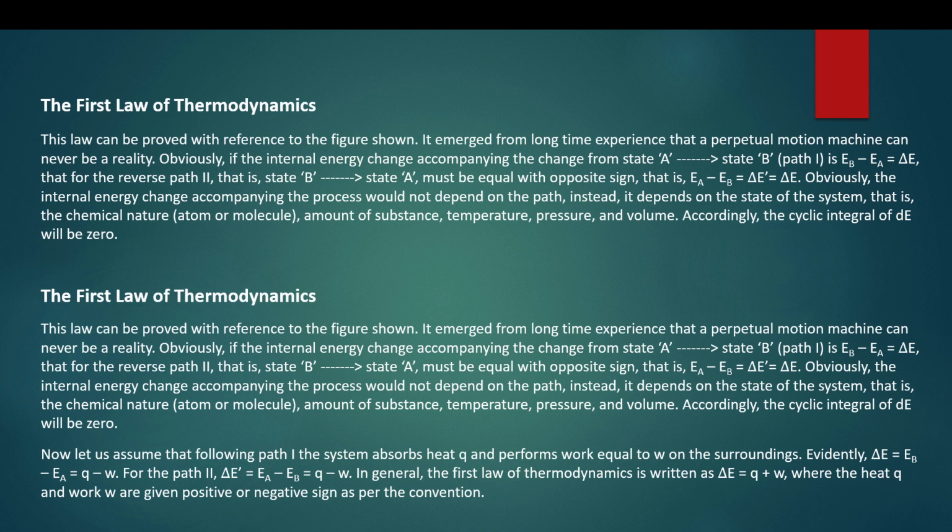Evidently, delta E equal to EB minus EA equal to Q minus W. On the path second, delta E prime equal to EA minus EB equal to Q minus W. In general, the first law of thermodynamics is written as delta E equal to Q plus W, where the heat Q and work W are given positive or negative sign as per the convention.